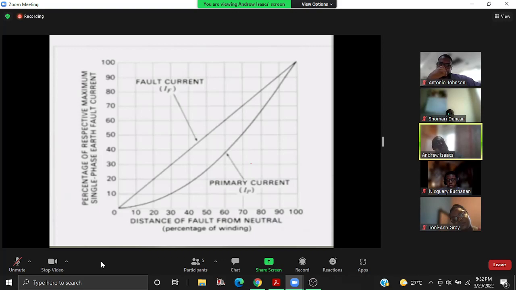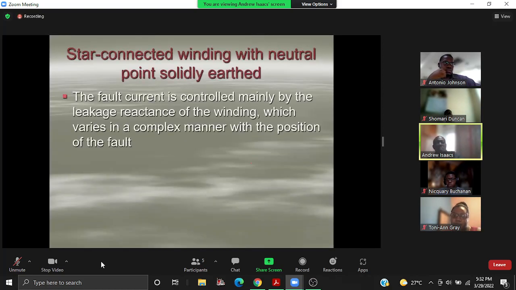But as I said, the important thing to note is that the fault current is going to be impacted by where on the winding the problem is created. I think these are in the notes, so you can refer back to the notes for these. Okay.